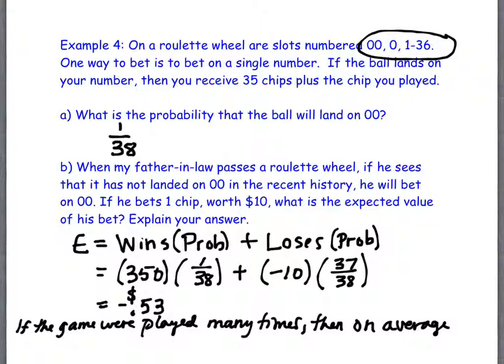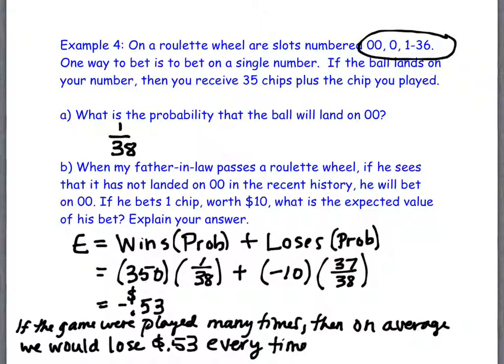We would probably at some point win, but most of the time we're going to lose, right? 37 out of 38. So if the game is played many times, then on average, we would lose, that's why it's negative, $0.53 or 53 cents every time we played.